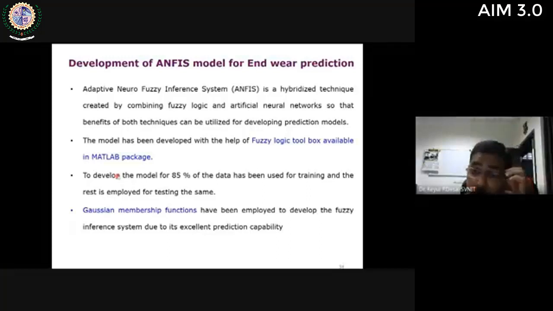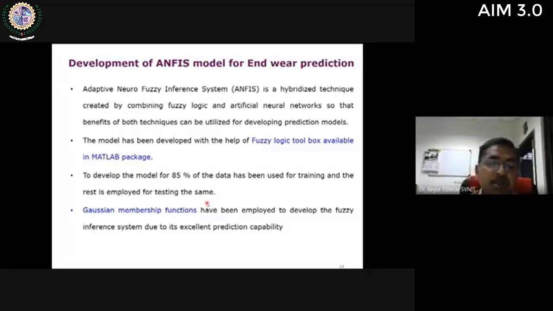This model was developed using the fuzzy logic toolbox available in MATLAB. Okay, and to develop the model, we have used 85% of the data for training purpose and the rest 15% for testing purpose. And to develop the fuzzy inference system, we have used Gaussian membership functions because they have very good prediction capability.